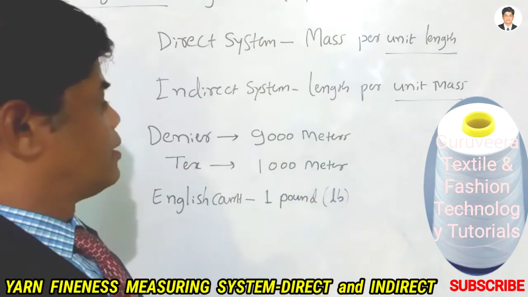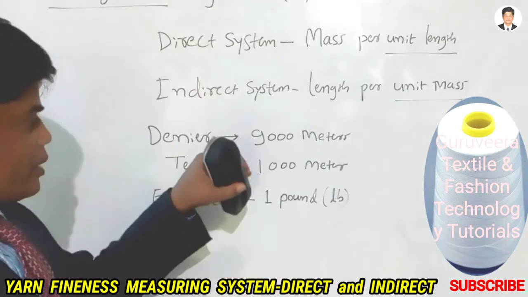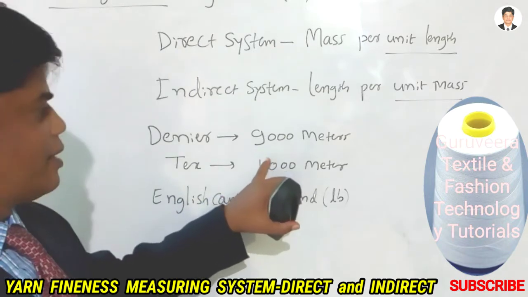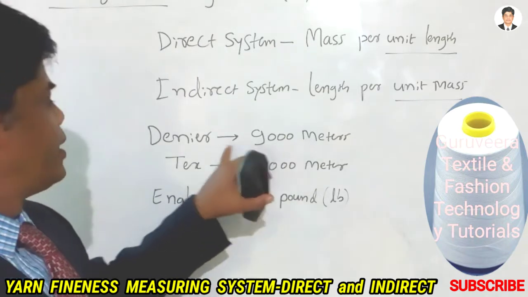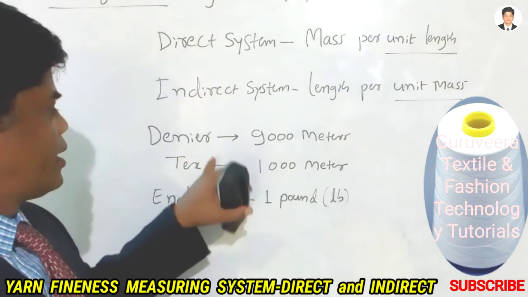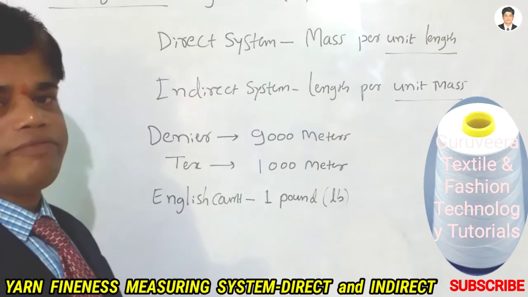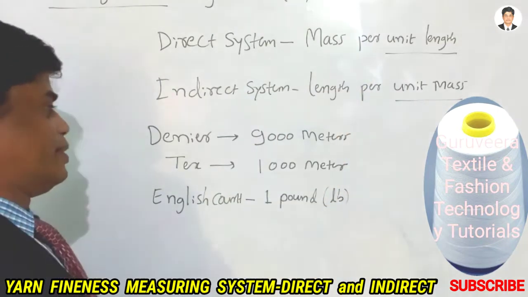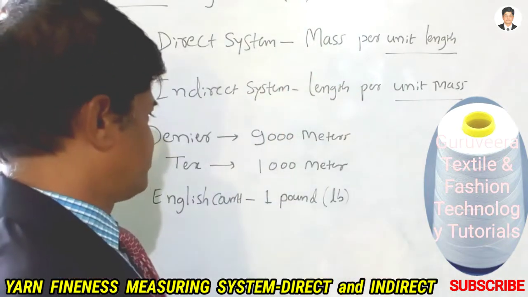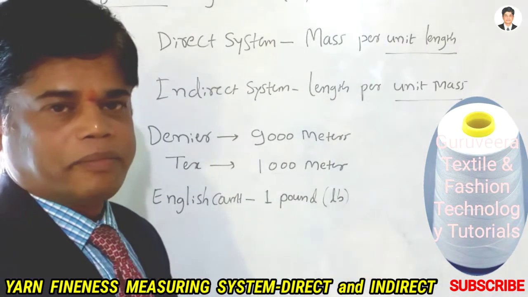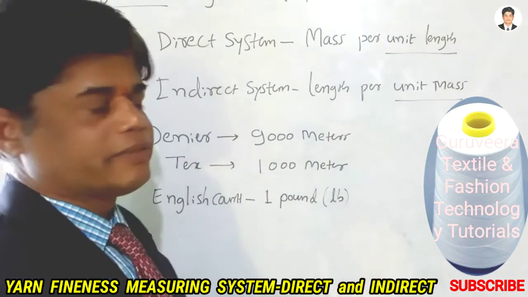These are the specific standards. To check the fineness of the yarn, for denier and tex, take 9,000 meters of standard length of polyester or nylon, whatever, and weigh it on the standard measuring balance.